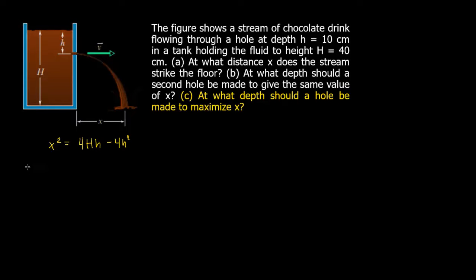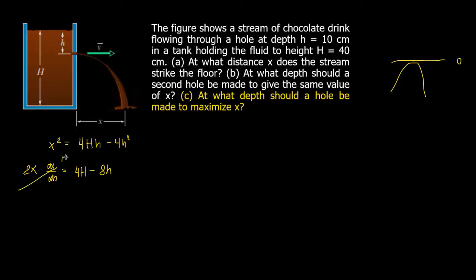The derivative in terms of h is 4H minus 8 small h. Since we're maximizing, there's no change in x at that point, so dx over dh is 0.